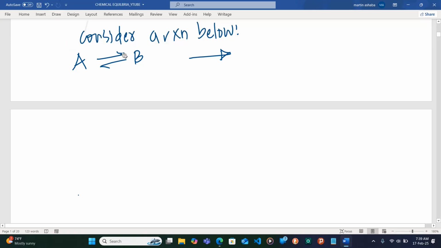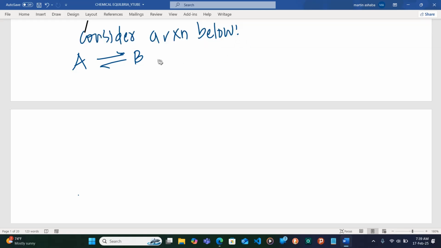That is, we can have conditions that favor the recombination of products back to reactants, or we can present conditions that favor the formation of products from reactants, that is in the forward direction.